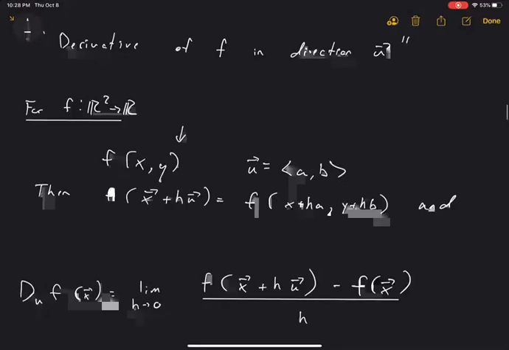When there's only two components, we could write it like this, but we don't save that much time, so let's just leave it as f of x, y for now. Let's say our vector u has components a and b. So it moves a units in the x direction and b units in the y direction.